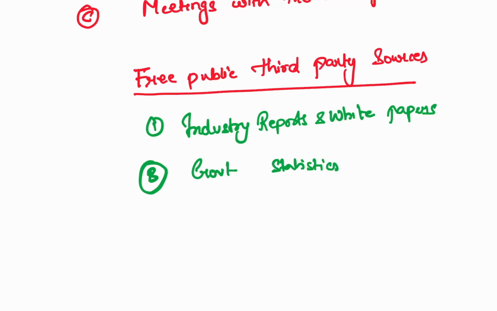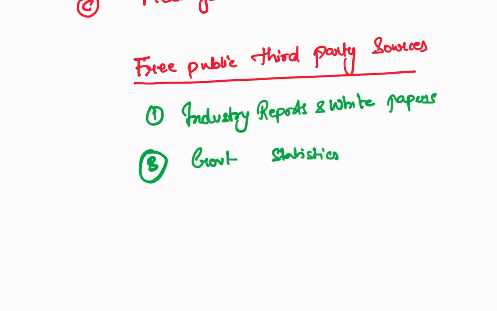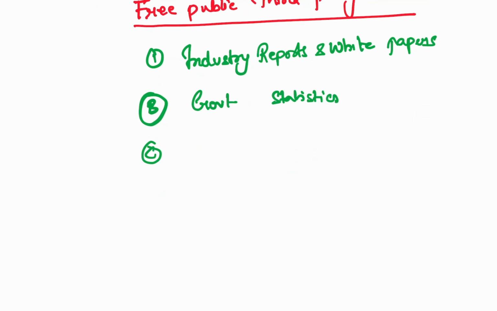Suppose they say the market is of 100 crores and your company has sales of 20 crores. That means you have a 20% market share. Clear? Like this, they will give you a good understanding of how the market is performing, and in that market, how your company is performing.